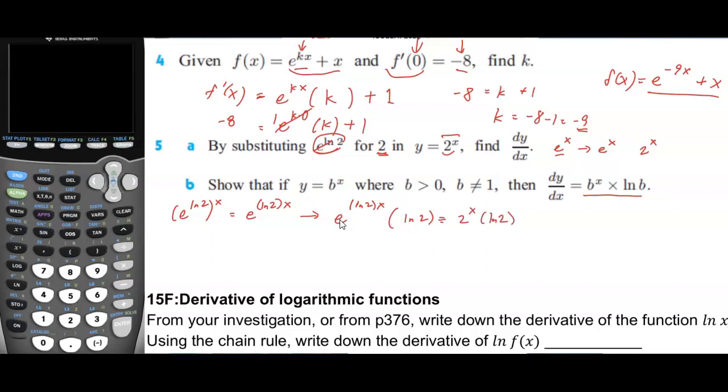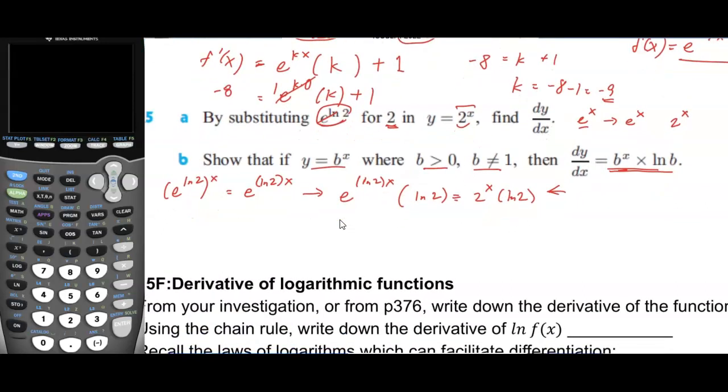Now for b, it says, if you have the function y equals b to the x, where b is greater than 0 and b is not 1, then the derivative of b to the x is this. You can kind of see we did that for b equals 2, right? So let's try to do that for y equals b to the x. So the first thing we need to do is rewrite the base b as e to the natural log of b, right? So we're going to substitute e to the natural log of b in for b.